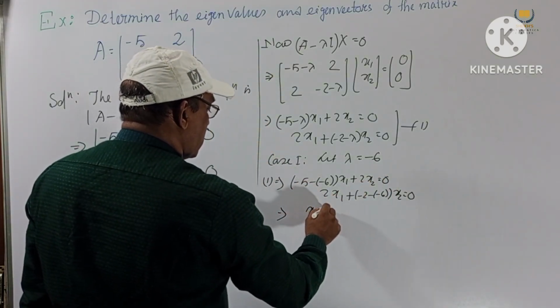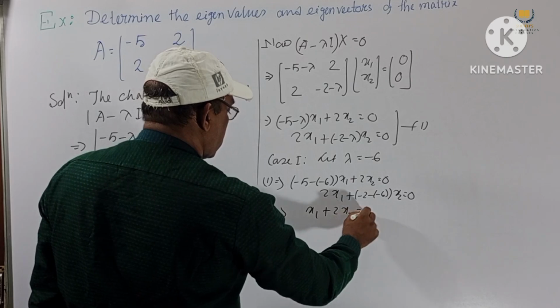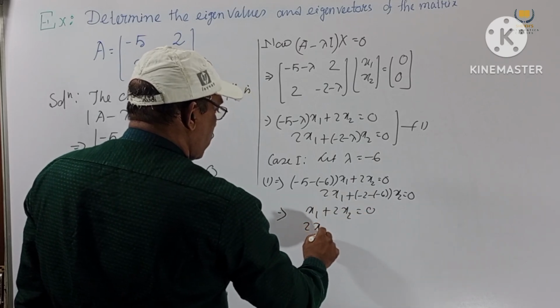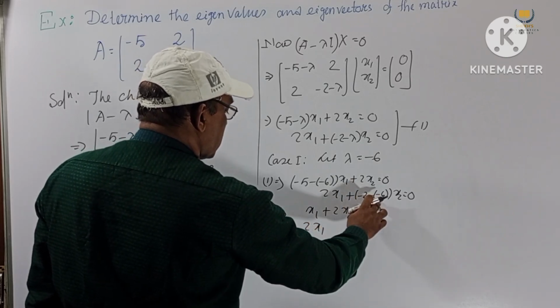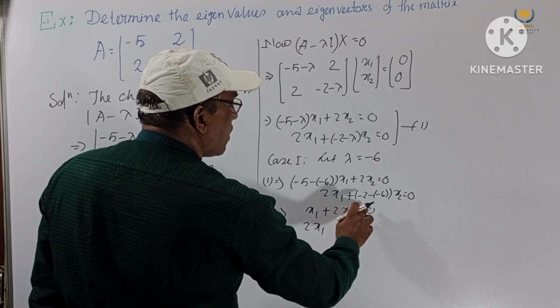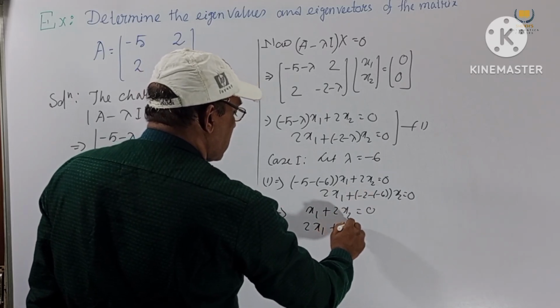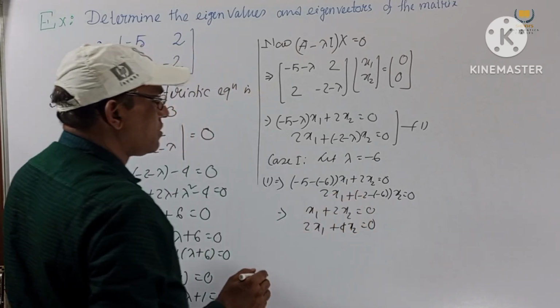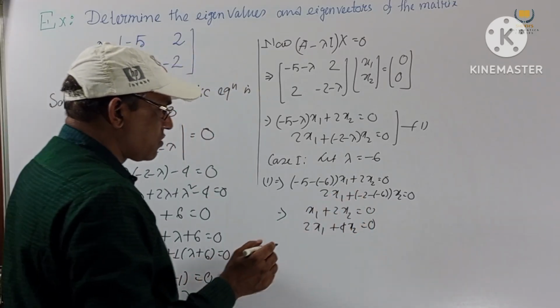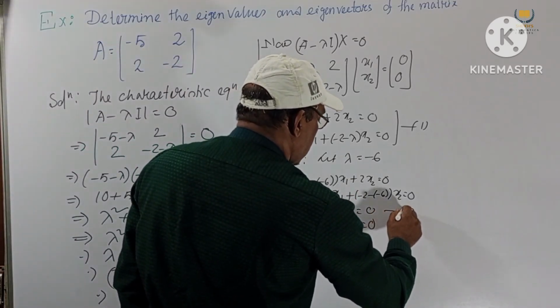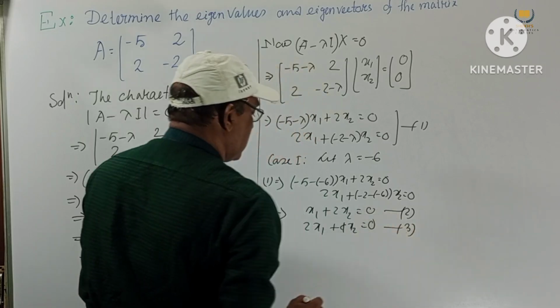This is x1 plus 2x2 equal to 0 and 2x1 plus 4x2 equal to 0. So this is number 2 and this is number 3.